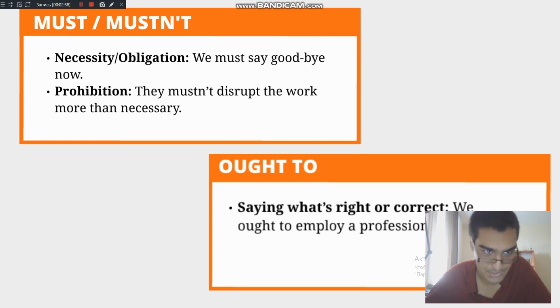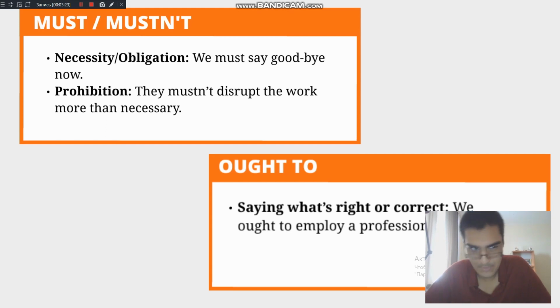It's always there and it is mostly used. Remember, must is always there for necessity and obligation. It is really hard to mistake it for something else. And if the positive form of must expresses necessity, then the negative must not describes prohibition.